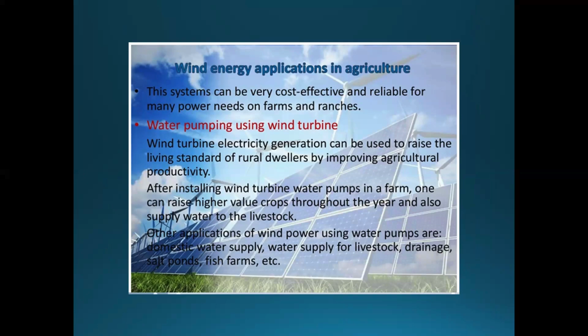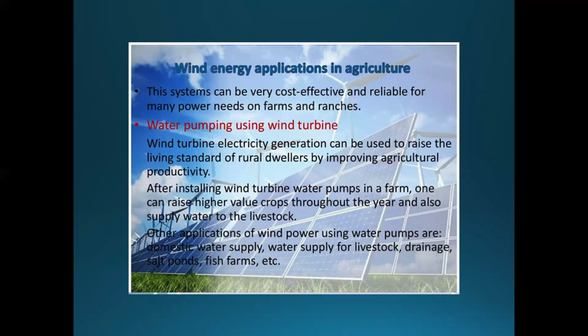Okay. That electricity can very well be used for pumping of water for our agriculture. So wind turbine electricity generation can be used to raise the living standards of rural people by improving the agricultural productivity.